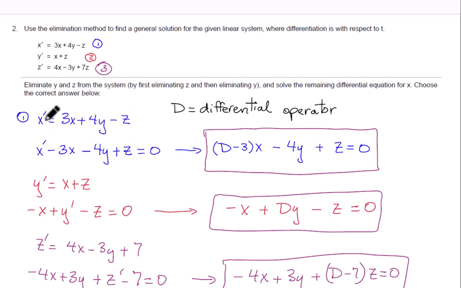I moved everything to the left, cleaned it up, got D minus 3 on x, minus 4y plus z. I repeated that for number 2 here. Got everything to one side. Don't have any y's. All I have is this single y prime, so just the differential operator.